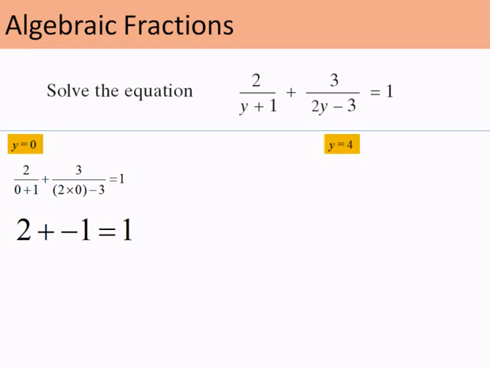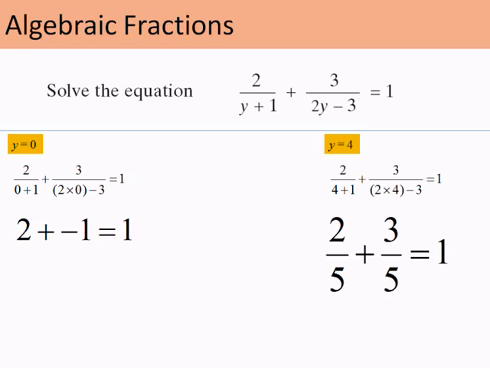Then if I try the same thing with y equals 4, it all works out to 2/5 plus 3/5 equals 1. And that works. So y equals 0 and y equals 4 are both solutions that make that equation balance. And that was algebraic fractions.